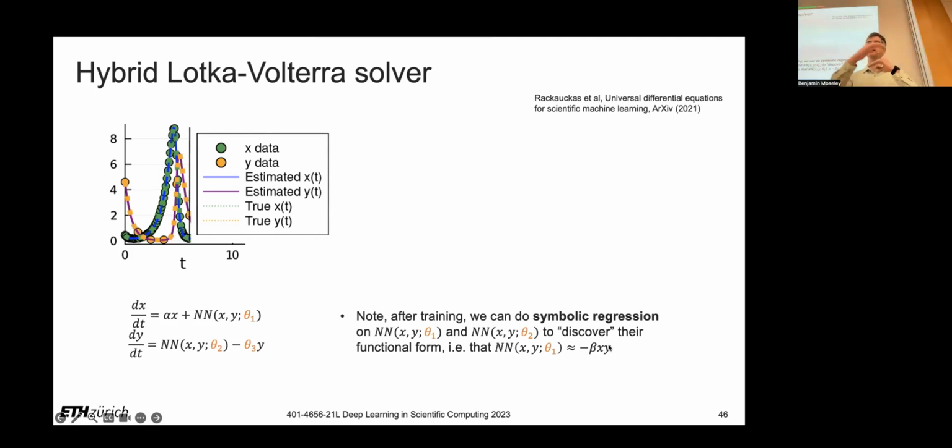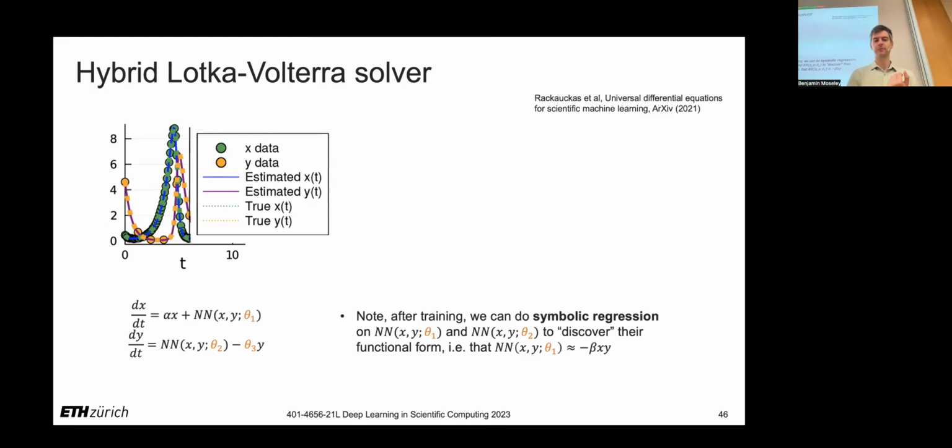If you just plotted the neural network output as a function of x and y, and it was a simple curve, you might be able to realize yourself, oh, it's learned x times y. So this is how you would use a hybrid technique to discover the equation if you didn't know what the equation was. And obviously this could be applied to many other differential equations, not just ordinary differential equations.